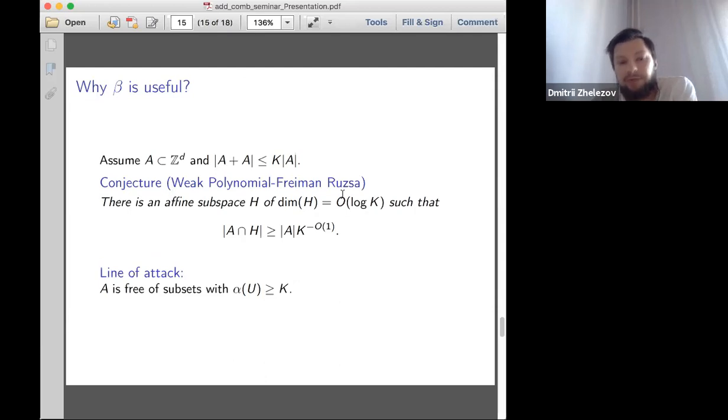But a weak version of it says that if you have a set in Z^d with doubling k, then you can find an affine subspace of very small dimension such that it intersects A over a polynomially large piece.